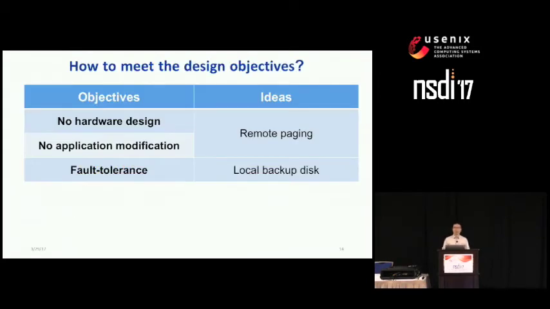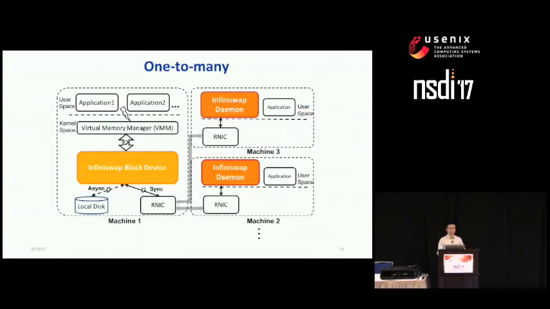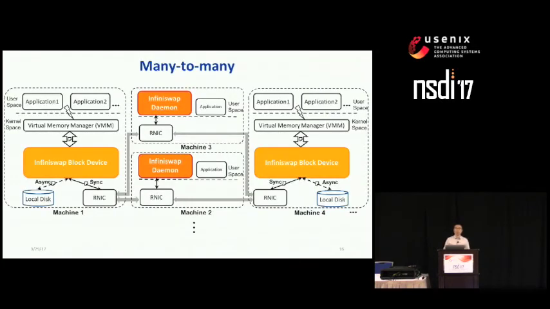In summary, those three design objectives can be satisfied by the system we just described. But inside the cluster, a single block device can get remote memory from multiple daemons. And likewise, a single daemon can provide its memory to multiple block devices.